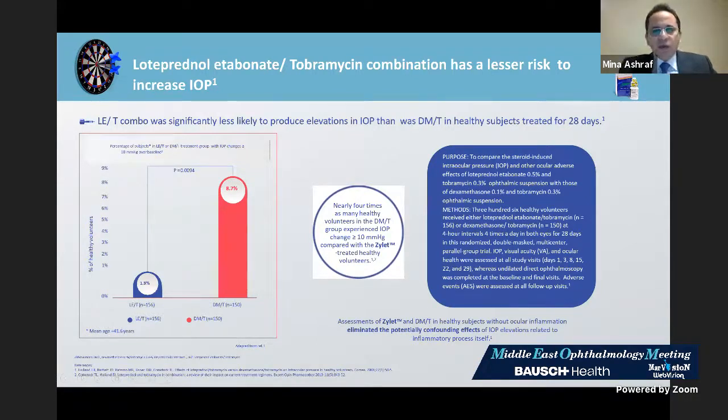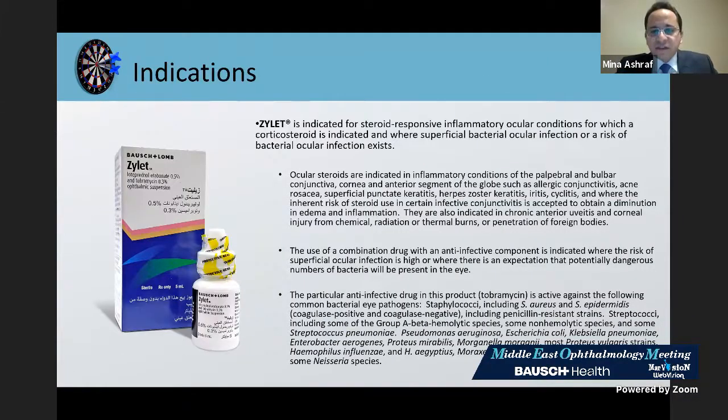And now I will just conclude with the prescribing information of Xylet. Xylet is approved by the US FDA, and it's indicated for the treatment of steroid-responsive inflammatory ocular conditions for which a corticosteroid is indicated and where superficial bacterial ocular infection or a risk of bacterial ocular infection exists.